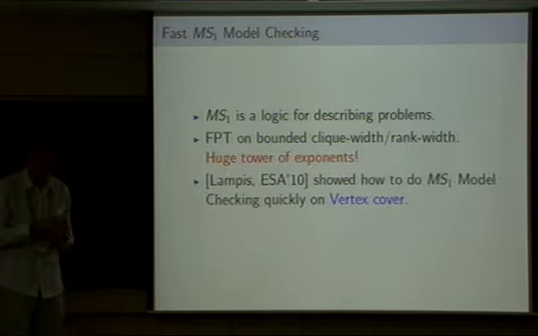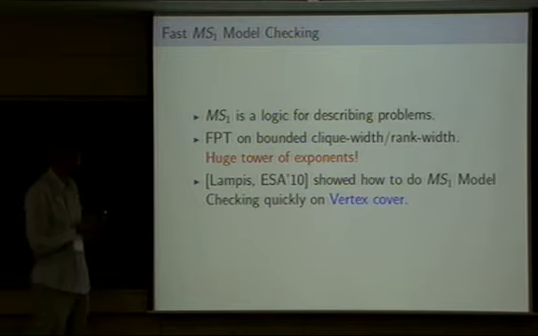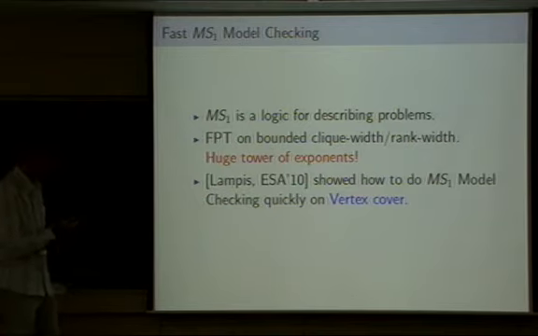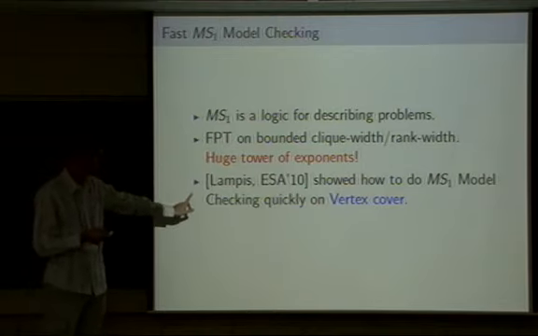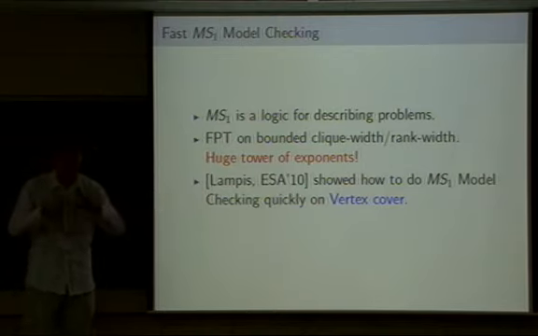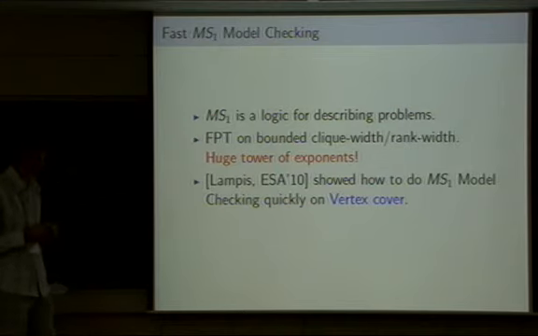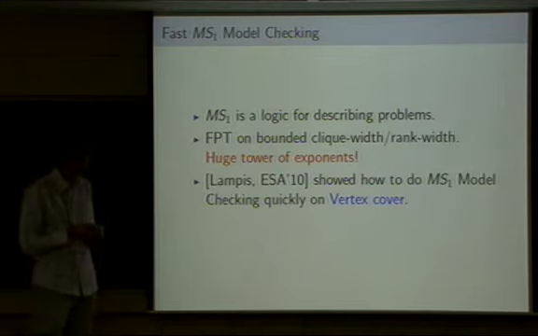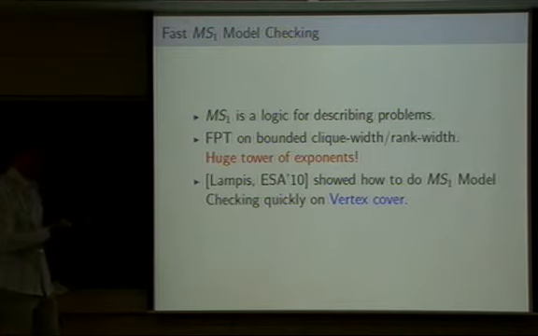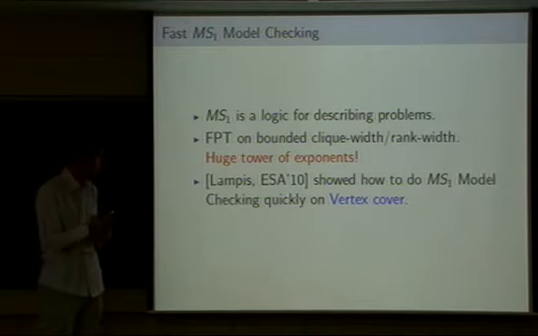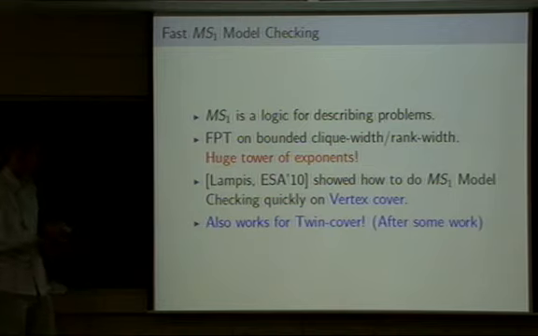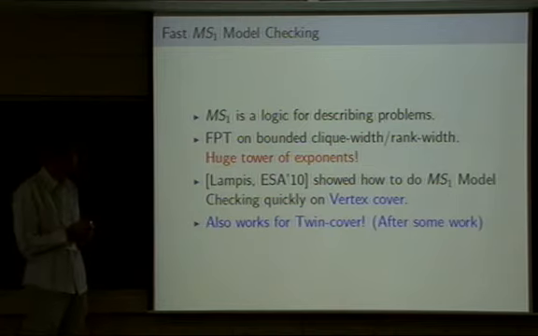It depends on the alternations of quantifiers. And there's this result by Lampis, again in ISAAC, that shows that you can do MS1 model checking quickly. By quickly, I mean double exponential, but for MS1, it's quick enough. You can do it always in double exponential time on graphs of bounded vertex cover. And this extends to twin cover after you do some technical work.